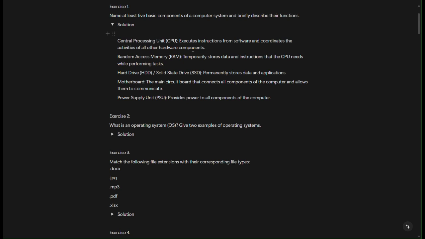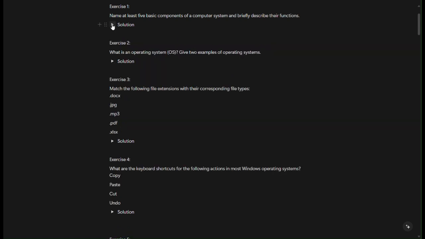The hard drive stores data and applications. The motherboard is a circuit board that connects all the components of the computer and allows them to communicate between them. Finally, the power supply unit, or PSU, provides power to all components of the computer. This is the solution of the first exercise.